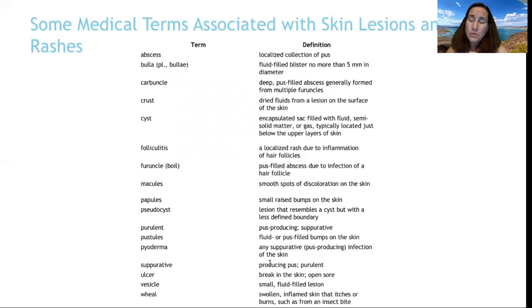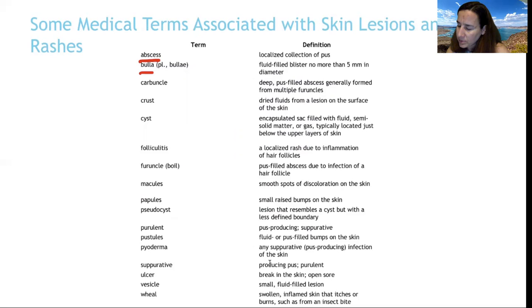So, if you've got a wound that is still in one position, hasn't gone someplace else, but it's starting to swell and get more and more infected, it's an abscess. If you have a blister, it's a bulla.